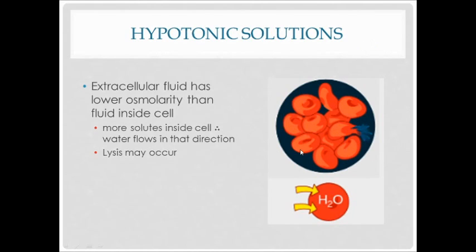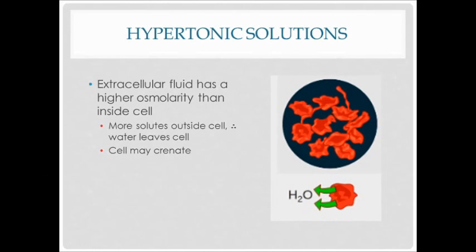So water will rush into the cell, and in this case we're using the example of red blood cells. The blood cells would burst because of the increase of water being rushed into the cell, and this is called lysis.